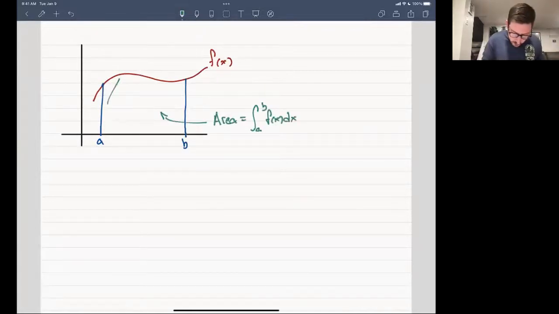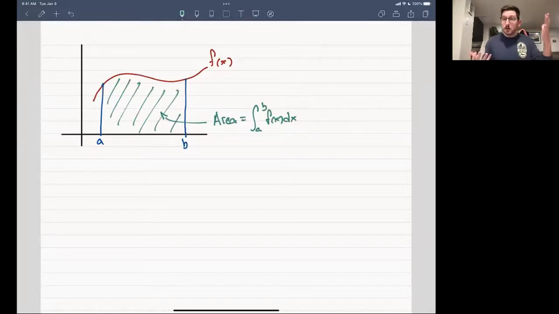This is what you learn in your usual calculus class. You augment this to say if the function goes above and below 0, you get a signed area. So that is, you assign a positive value to the area above the x-axis, and you assign a negative value to the area below the x-axis. But nonetheless, you're still doing this sort of area computation.